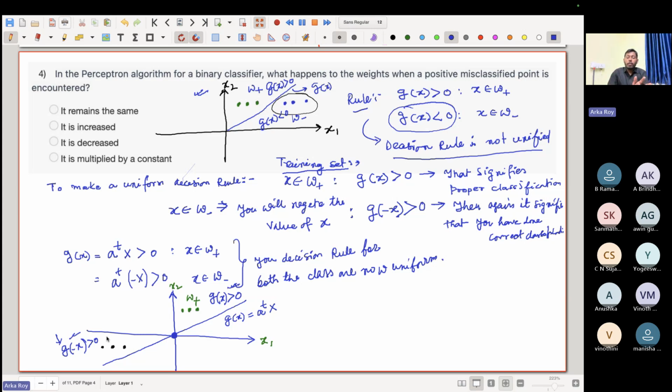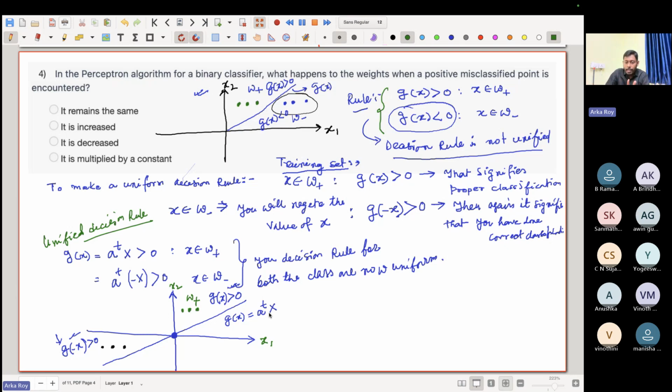So till this point, let me just again summarize. You started with your problem with two different decision rules. Now you have converged those two different decision rules into a unified decision rule. Now, while training the model, you must make some sort of misclassification.